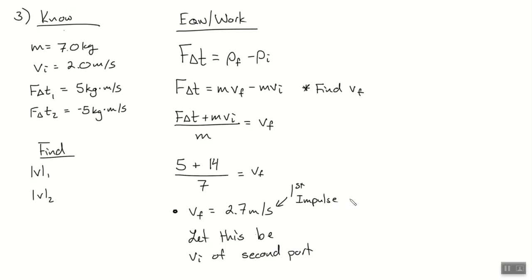Are we going to be able to use impulse momentum again? Probably. I'm just going to switch colors because it's a different one. The problem doesn't really look much different, I don't think.